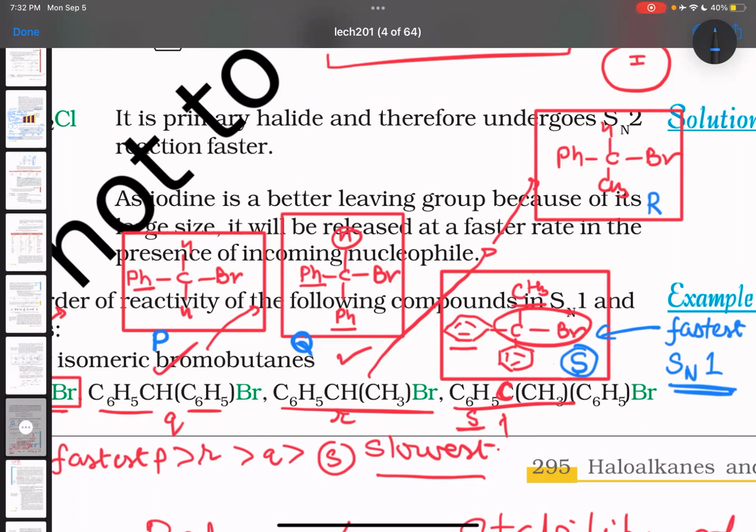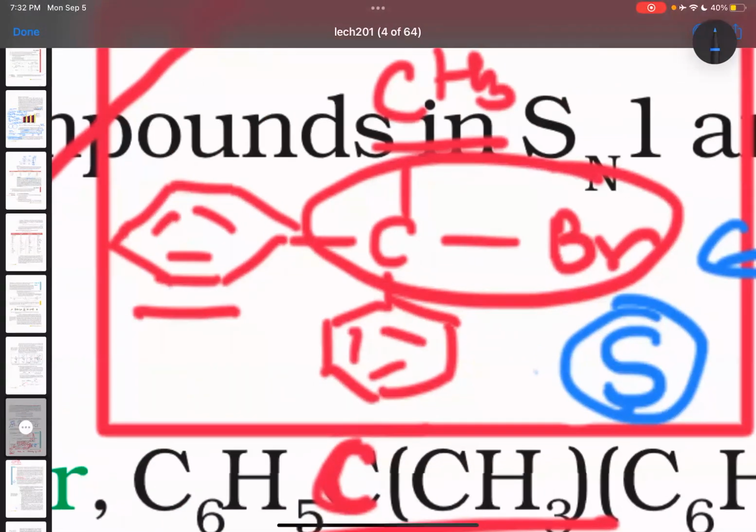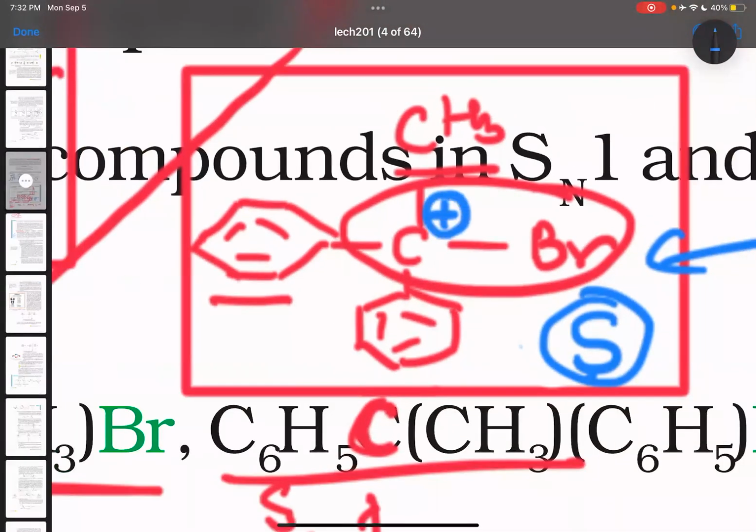More stable, yes. When the Br comes out and a carbocation is formed, this carbocation will become very stable because it has two benzene rings with loose electrons, which they can give to the carbocation.